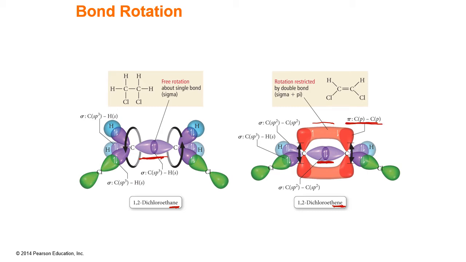So we've got our pi bond. That locks the molecule into place. So it cannot freely rotate. It is stuck in one position. And because it gets stuck in one position, we have differences depending on the side of the bond that our chlorines are found.